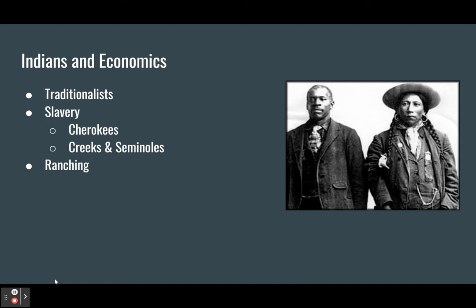Now, when we talk about ranching, ranching becomes a brand new phenomenon in Indian Territory, right? It's not to say that Southeastern tribes were not familiar with this in the Southeast. They were, but in Indian Territory, it becomes much more popular and much more profitable. For the Creeks, they will raise cattle and hogs.